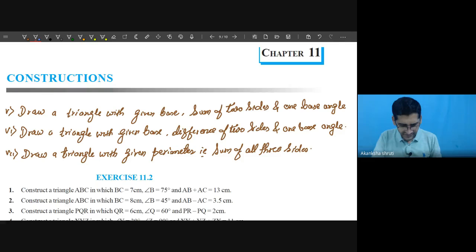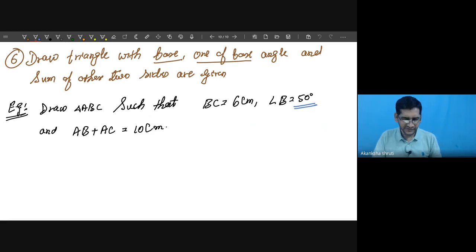So let us take the construction number 6, where we have to draw a triangle with base, one of the base angles, and sum of other two sides given. Students, we have to construct a triangle ABC such that its base BC is 6 centimeter, angle B is 50 degree, and sum of other two sides, means AB plus AC, is 10 centimeter.